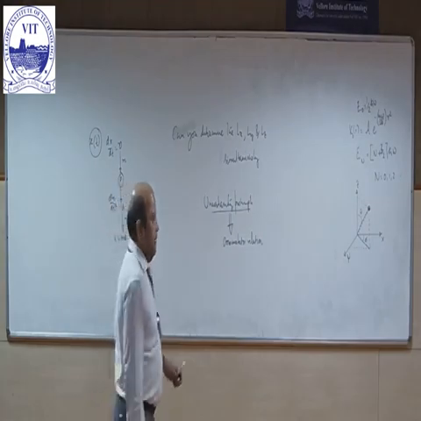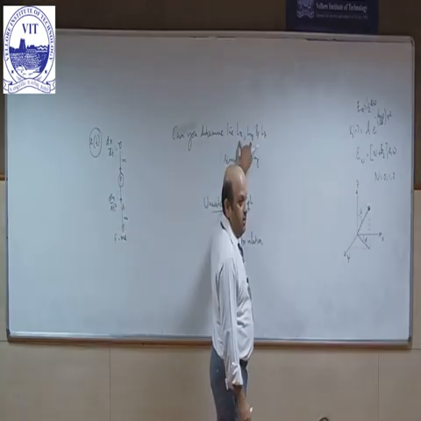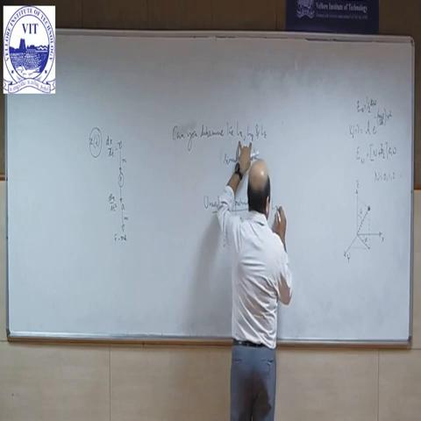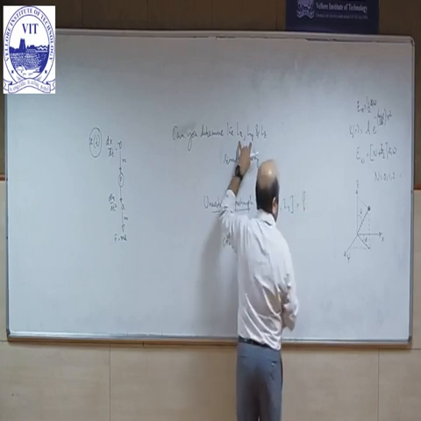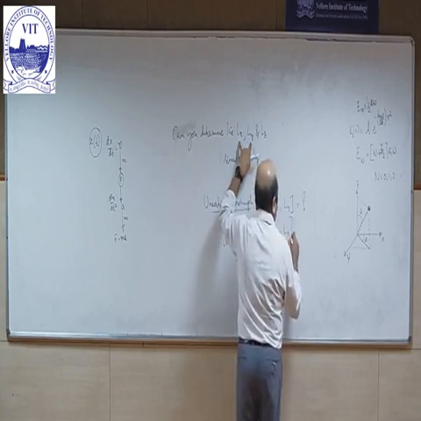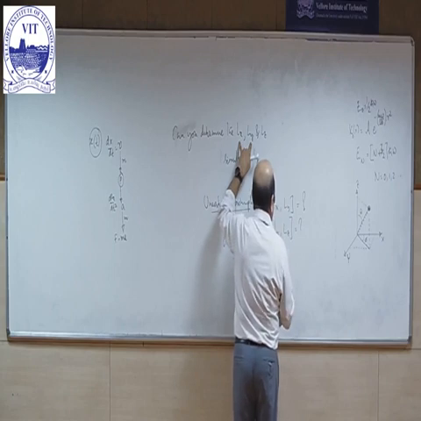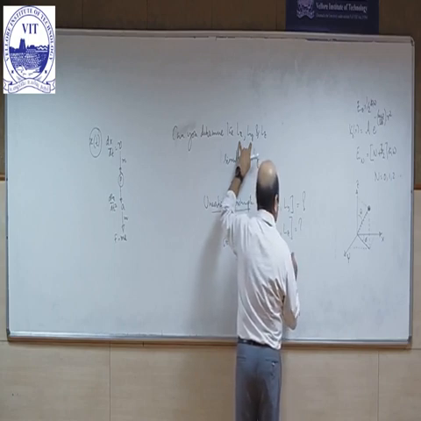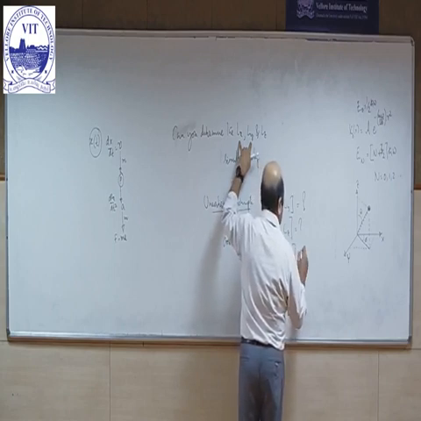Let's say Lx and Ly. I want to find out what the Lx, Ly commutator relation corresponds to. I want to find out what Ly and Lz corresponds to. I want to find out what Lz, Lx corresponds to.